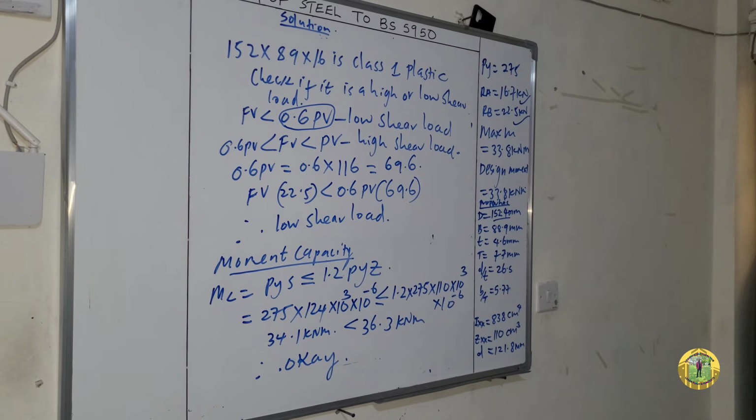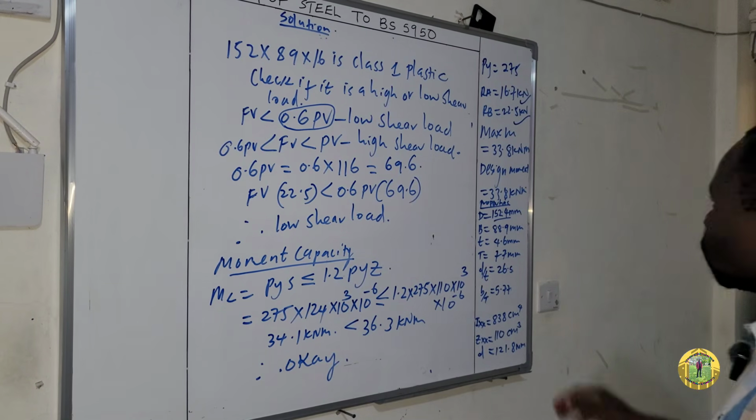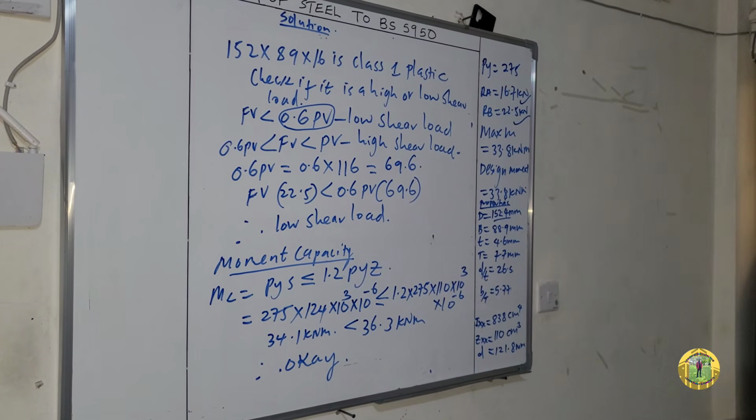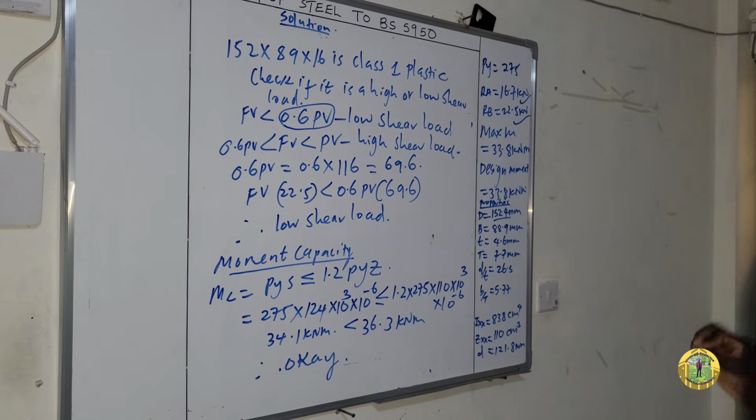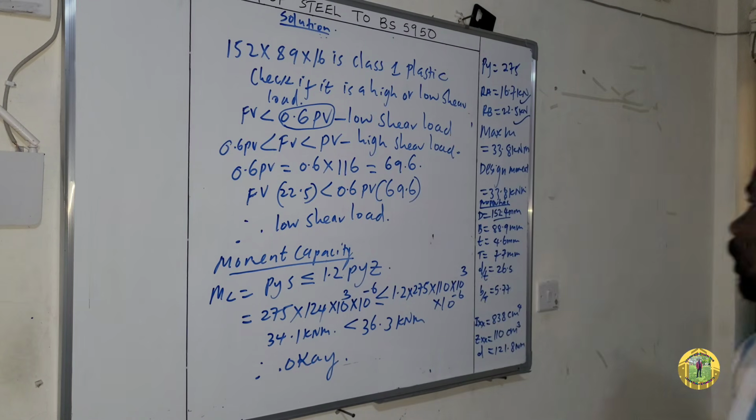Remember from the question, we were told to ignore the self weight of the beam. So we will not calculate the moment due to own weight of the beam. Therefore, we'll just compare the moment capacity to the applied moment.